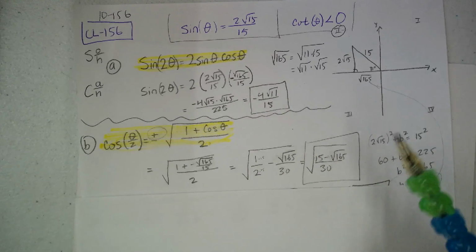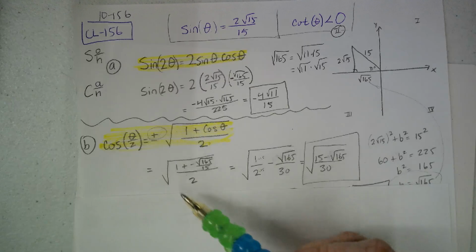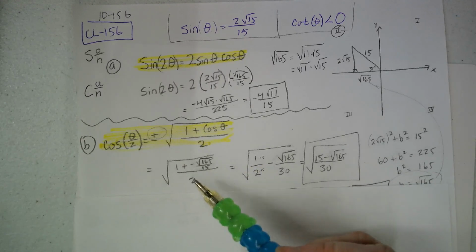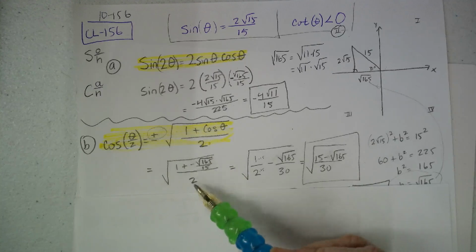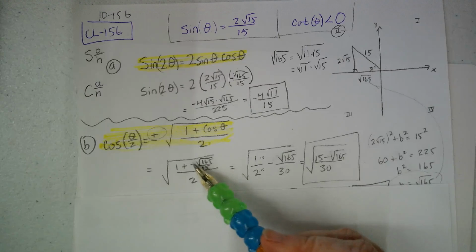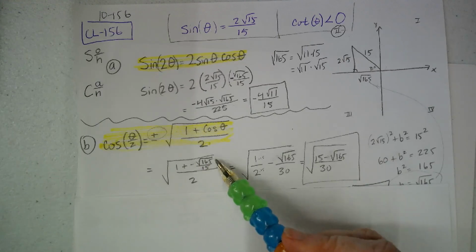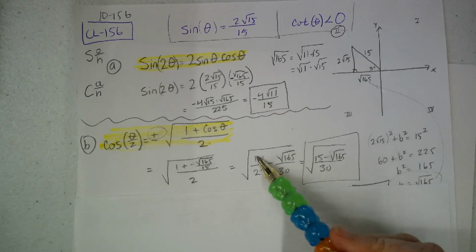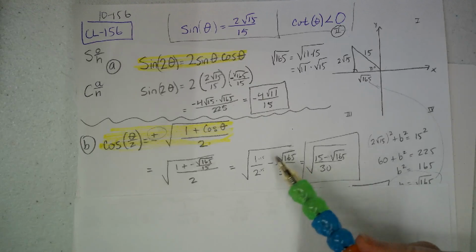I thought of maybe a little bit easier way of cleaning up inside this radical. I thought of just splitting it into 2 fractions, because if I did this as 1 over 2 and then root 165 over 15, times a half, that kind of saved some work for me.